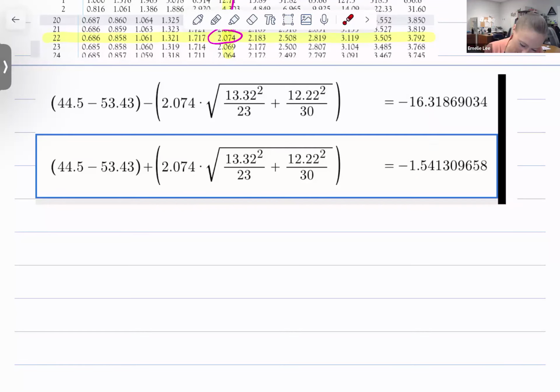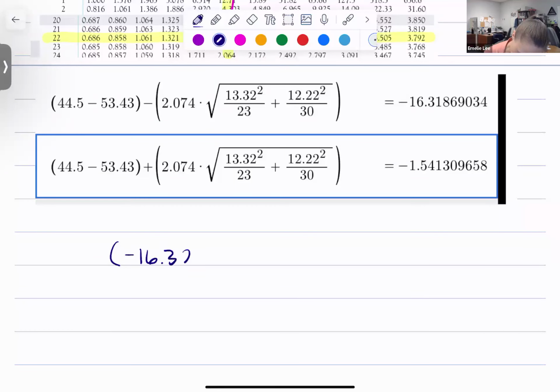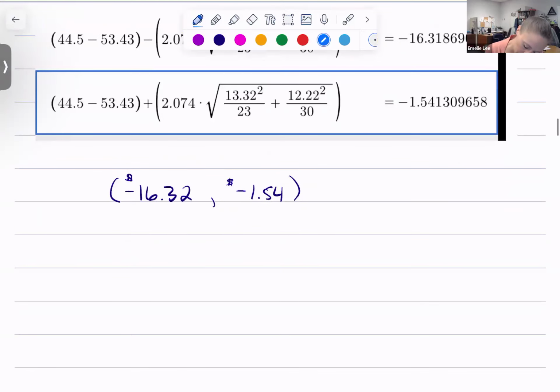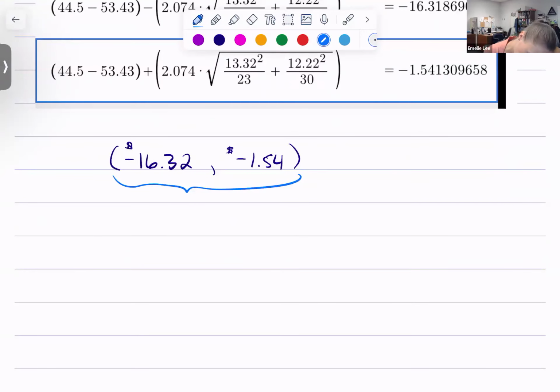And so now when we write this interval, the confidence interval is between negative $16.32, because why did I go to 2 decimal places? Because it's money, right? And so it's a difference of negative $16.32 up to a difference of negative $1.54 per point. All right, so these are the differences per point.